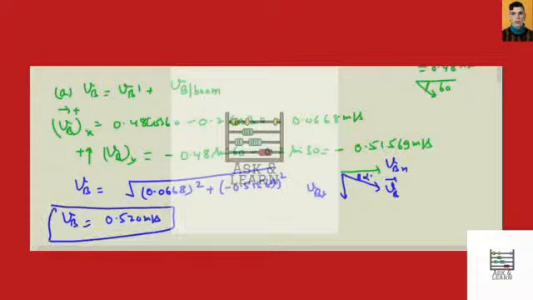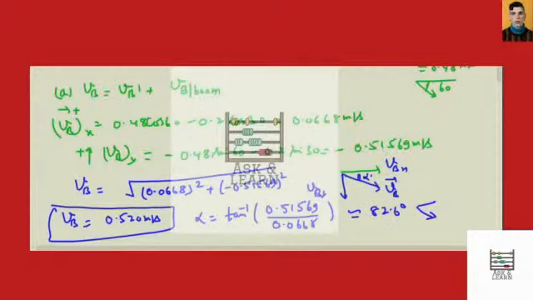Alright, now for the easier question, we need to figure out the coordinate direction angles for F1. So that's going to be alpha 1, beta 1, and gamma 1.